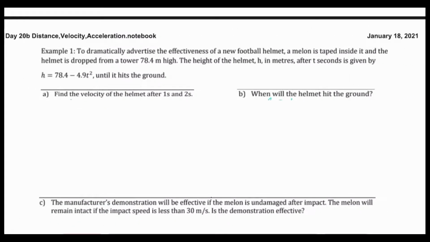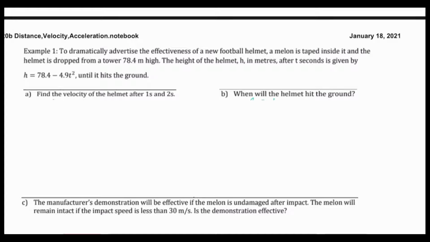So first of all, we're just going to rewrite our function. And I'll do that off to the side here, just so we have room for everything. So our position of our helmet is given by h(t), height as a function of time, is 78.4 minus 4.9 t squared. I could exchange the positions and have the higher degree part of the function first, but it really doesn't matter.